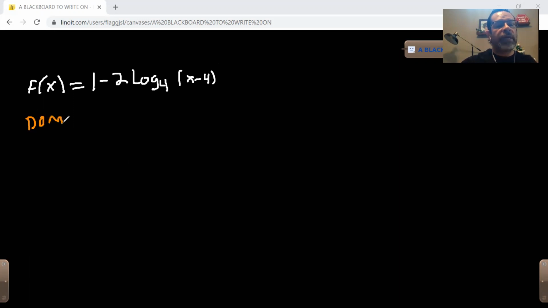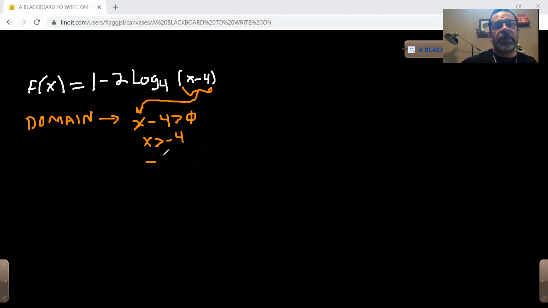For the domain, let's remember that the only restriction we have is that whatever is inside the logarithm, which in this case is this, has to be larger than 0. This means that x minus 4 has to be larger than 0, so x has to be larger than 4.